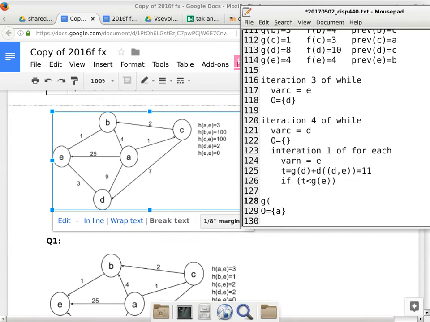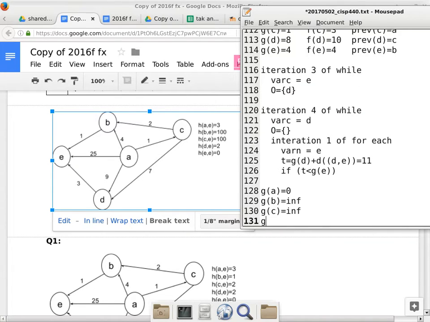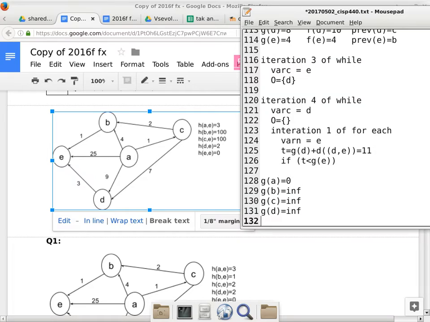Maybe there are no edges connecting to those particular vertices, except for A itself, right? Because the cost of the shortest path from A to A is 0 because A is there already. So this is how we initialize G of A. But G of B is going to be infinity. G of C is infinity. G of D is infinity. G of E is infinity.